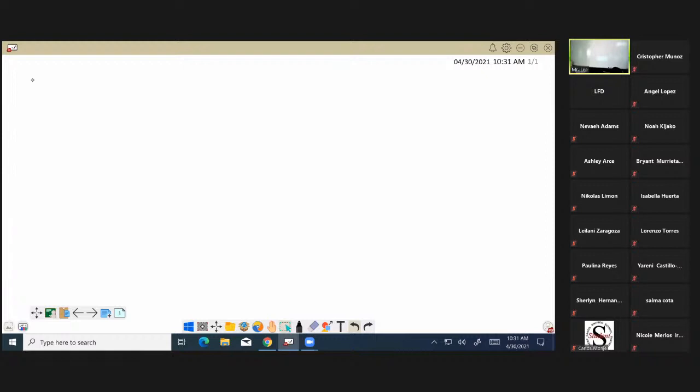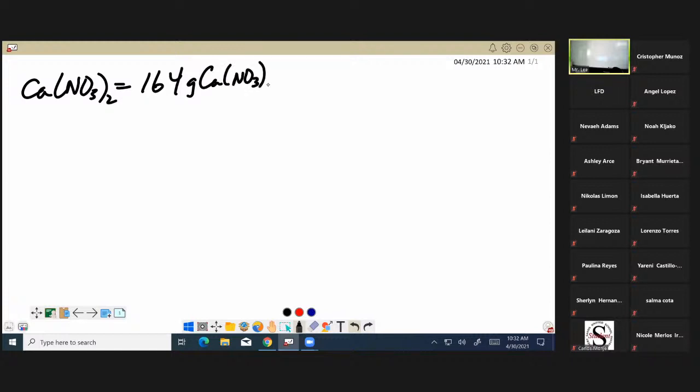So we had calcium nitrate, that was 164 grams of Ca(NO3)2 for every mole of Ca(NO3)2.